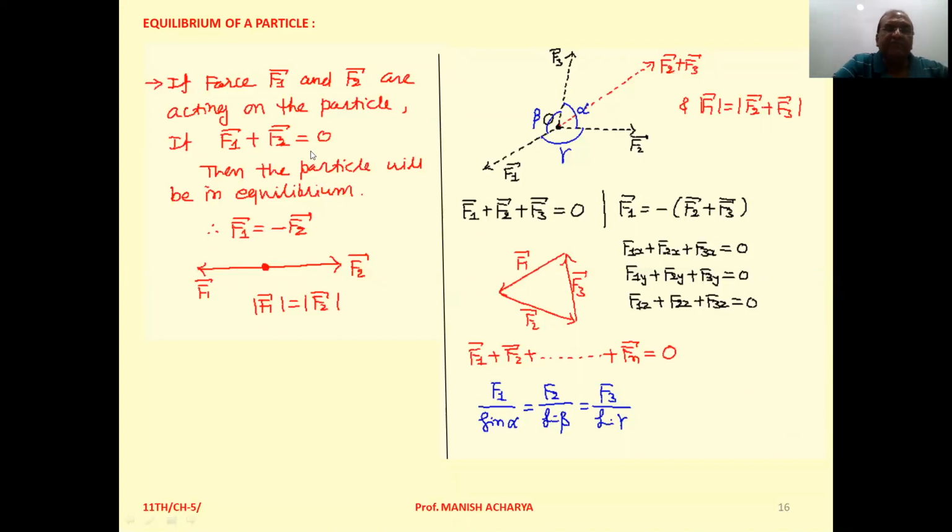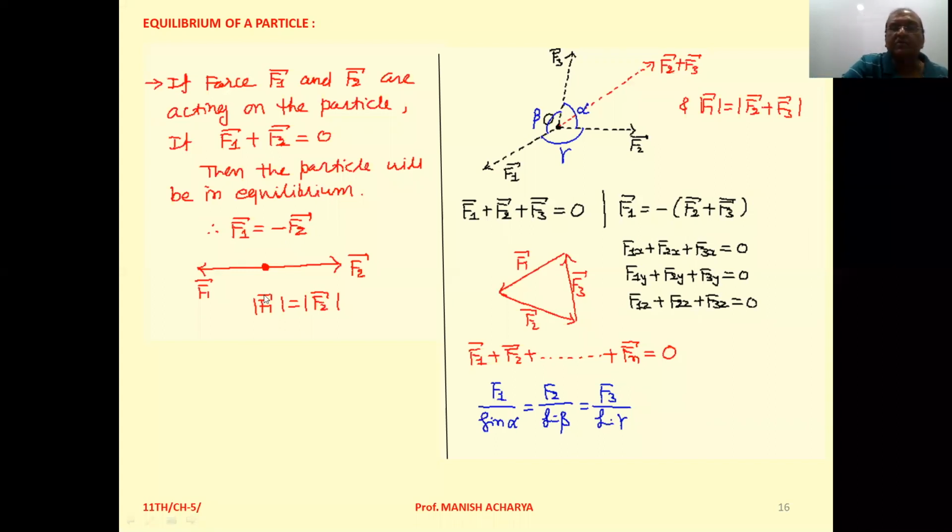So if F1 plus F2 is 0, then we can write vector F1 is minus vector F2. Clear? So here we can observe this thing. These two are opposite in direction and equal in magnitude.